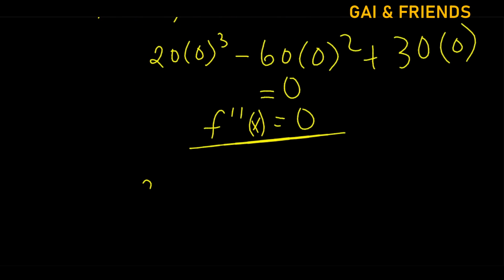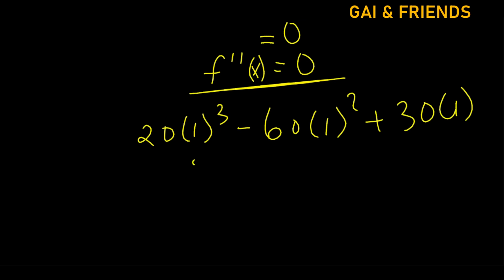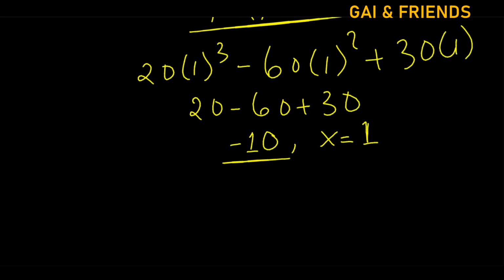It's going to be 20 times 1 raised to the power 3 minus 60 times 1 raised to the power 2 plus 30 times 1. It will be 20 minus 60 plus 30. 20 minus 60 is -40, plus 30, which is -10. That means when x is 1, our second derivative yields a result of -10.